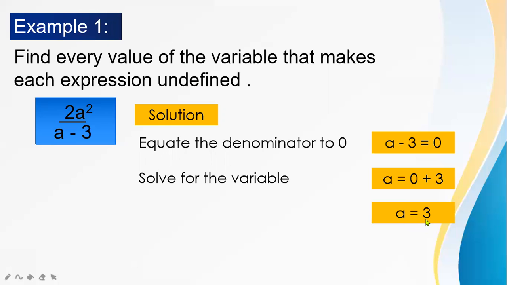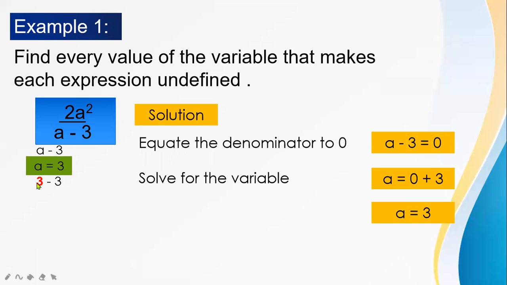So yung 3, tingnan nga natin. So we have a minus 3. So ito yung denominator mo. Then after that, the value of a equals to positive 3. Ito yung nakuha natin. Since ito yung denominator, nag-equate to 0 tayo. Then sinolve natin yung variable. Ang nakuha natin is positive 3. So 3 gagamitin natin. And therefore, yung a papalitan natin ng 3.